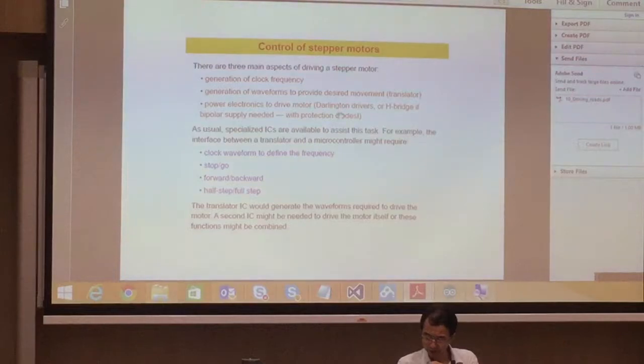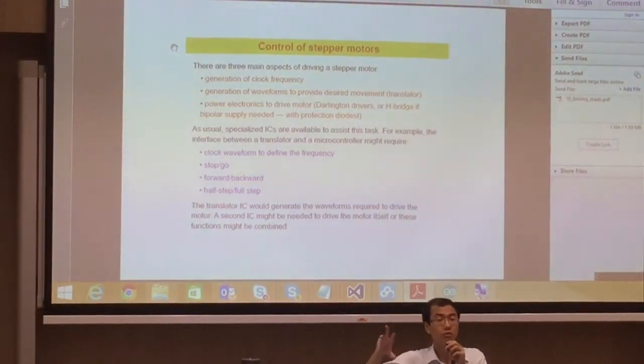It can be a L293D or a similar driver, depending on the current required for the particular motor. So basically this gives you the idea that you can control the motor movement using microcontrollers. If you have a program that provides the correct waveforms, the correct outputs from the microcontrollers, then you can control the motor movements.